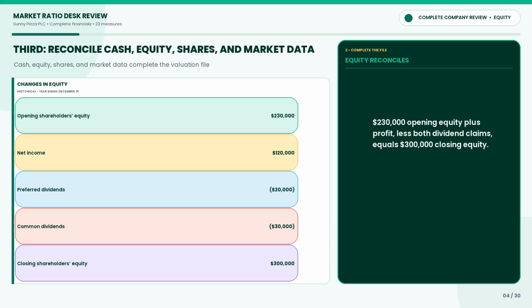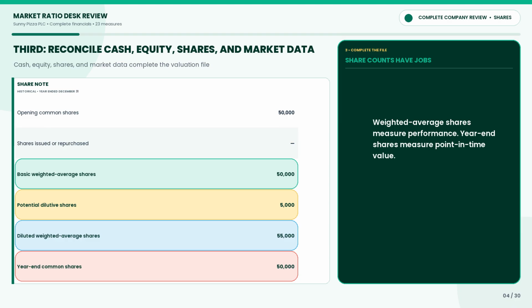Opening equity of $230,000, plus net income of $120,000, minus $20,000 of preferred dividends and $30,000 of common dividends, gives closing equity of $300,000. The share note reports 50,000 basic weighted average shares, 55,000 diluted shares, and 50,000 year-end shares.